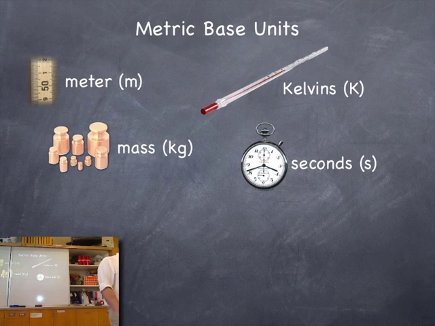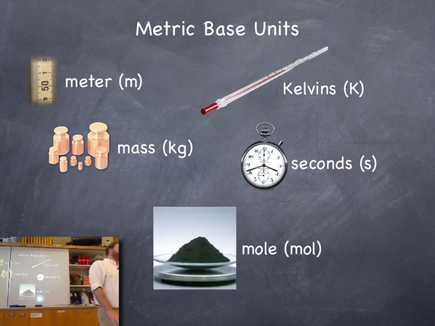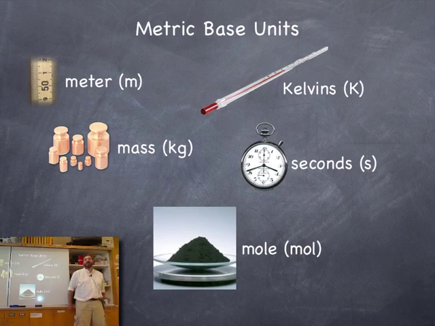And finally, the big bad one for chemistry, the mole. A mole, which we will spend a good deal of time talking about, is a certain number of objects. It's a grouping term, like a dozen. When I say a dozen, what does that mean? What if I said a baker's dozen? That would mean 13.